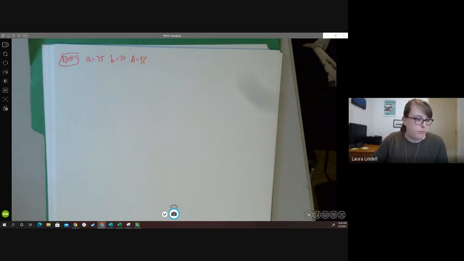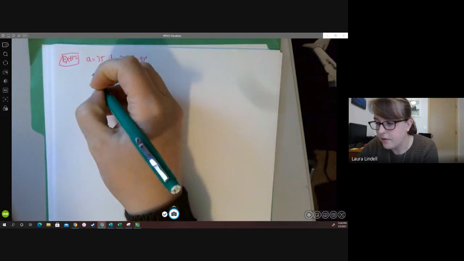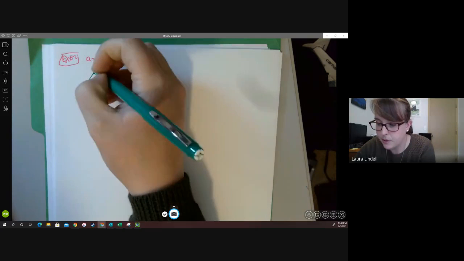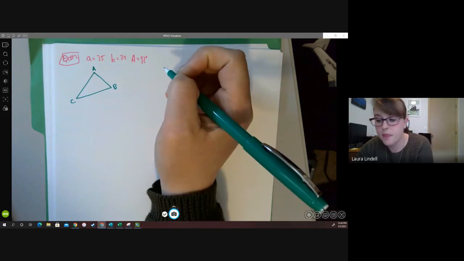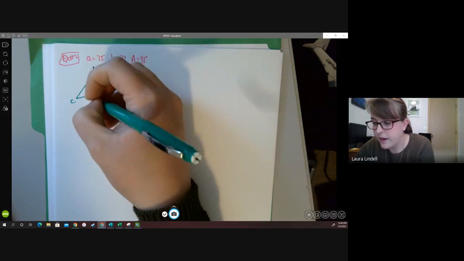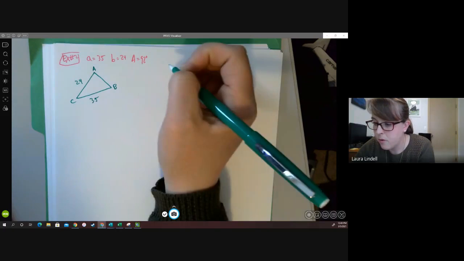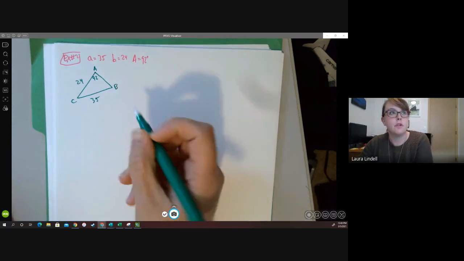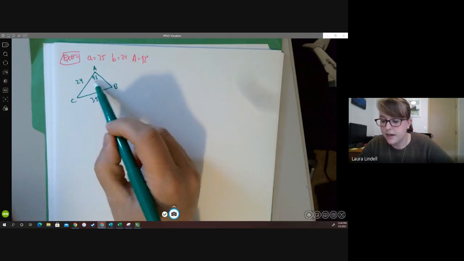So we would want to draw the picture. And in this case, as always, just draw a generic triangle. I'm going to call this one angle A, angle B, and angle C. And we know that side A is 35, the side across from B is 24, angle A is 92. So it looks like we've been given the ambiguous case of the law of sines because we have side-side-angle.